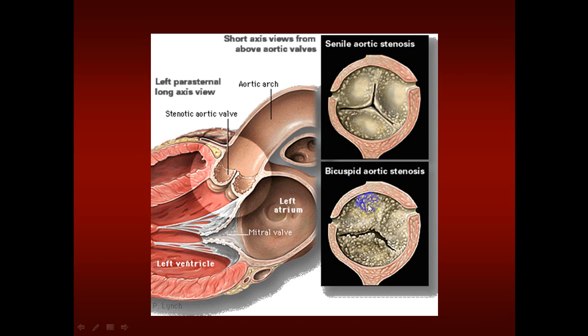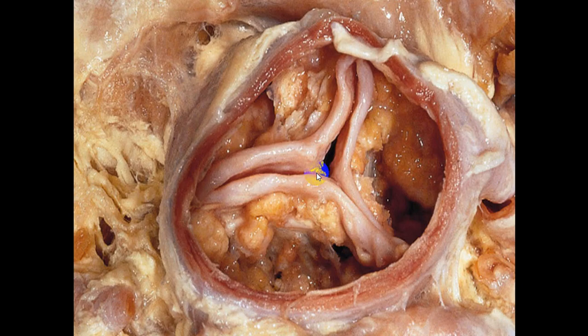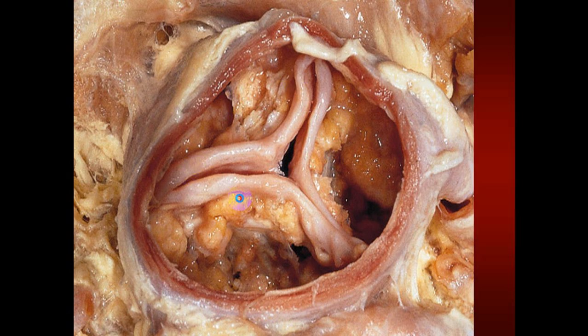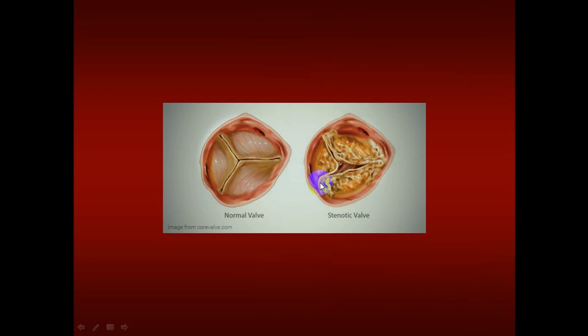While the bicuspid aortic valve is congenital, there is diffuse calcification. And this is degeneration at the margins of the valve. Also, this is a stenotic valve and the normal tricuspid valve.